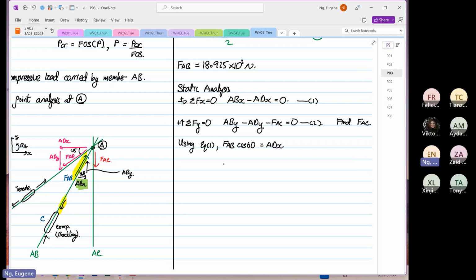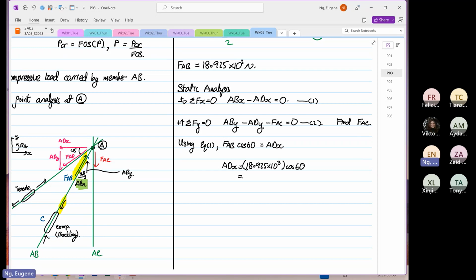So ADX is equal to FAB, which is 18.925 times 10 to the power 3, and then we do a cos 60.